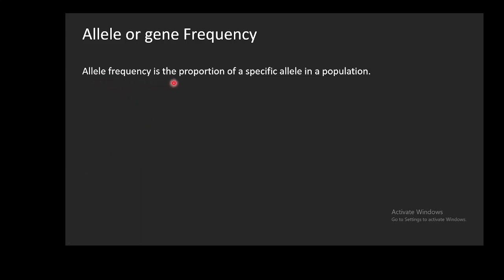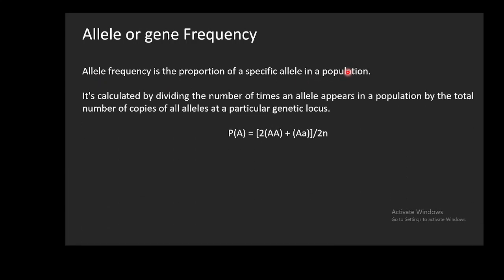Allele frequency is the proportion of the specific allele in the population, and it is calculated by dividing the number of times an allele appears in the population by the total number of copies of all alleles at a particular genetic locus.